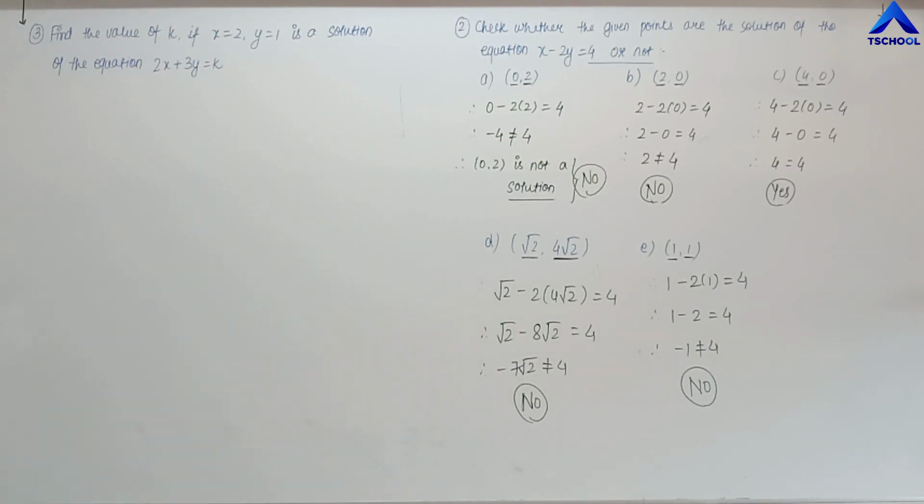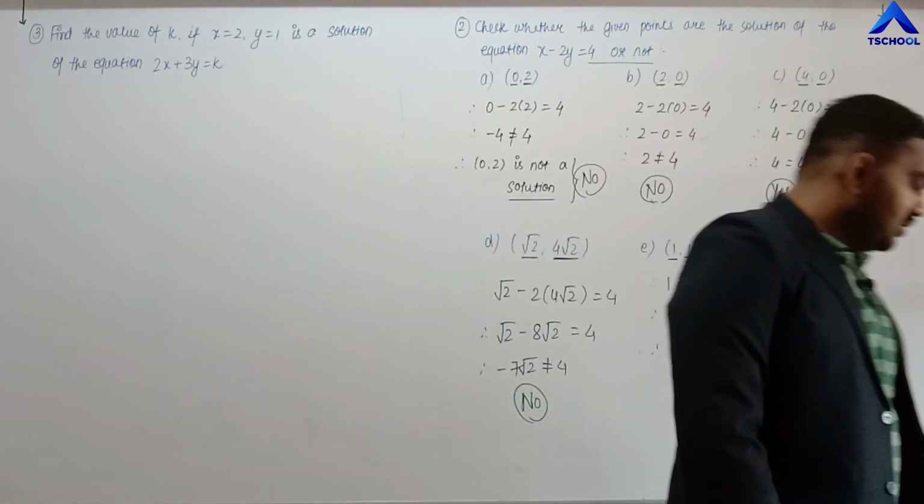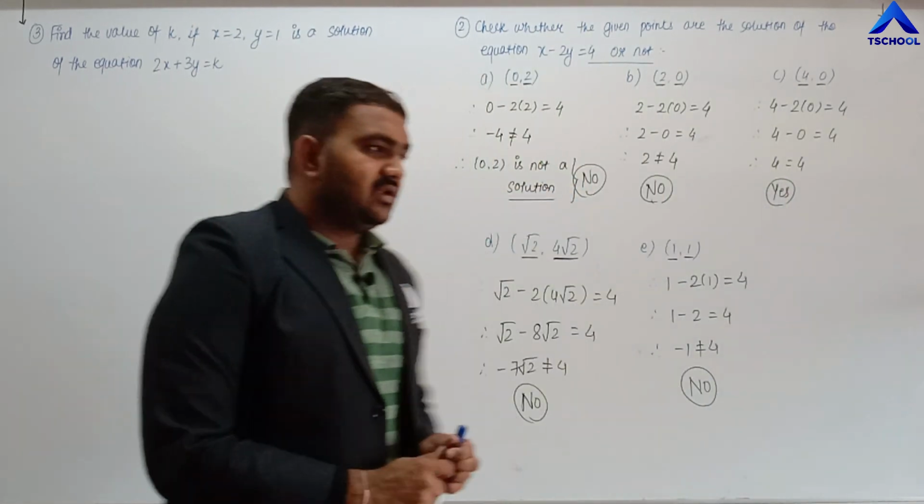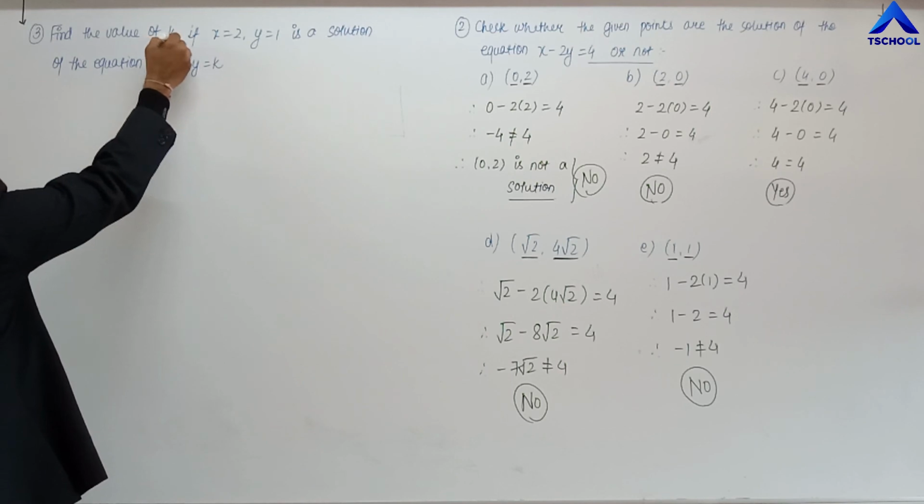Okay, we are given that x equals to 2 and y equals to 1 is a solution of the given equation, right? It is a solution of the given equation. Now we need to find out the value of k.